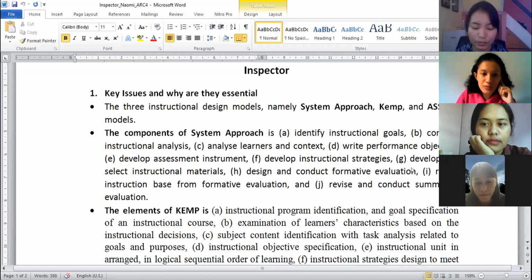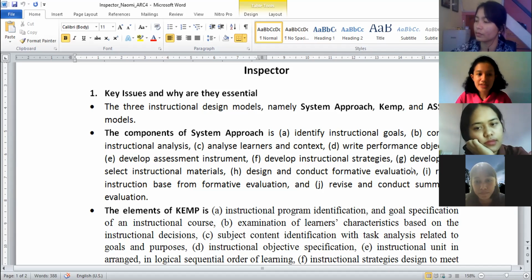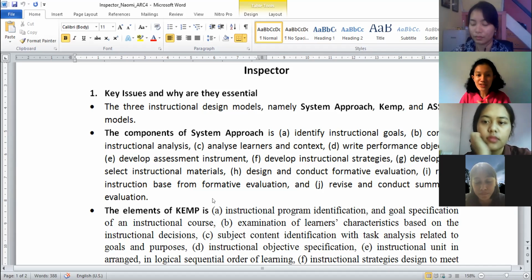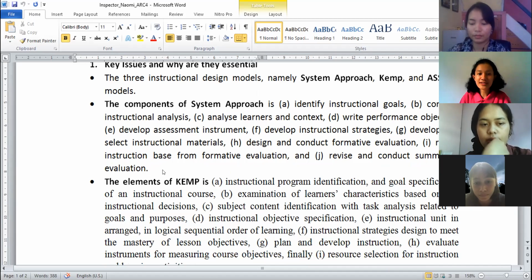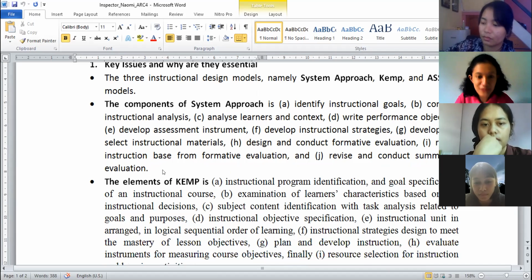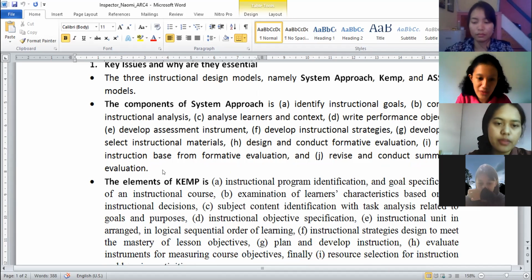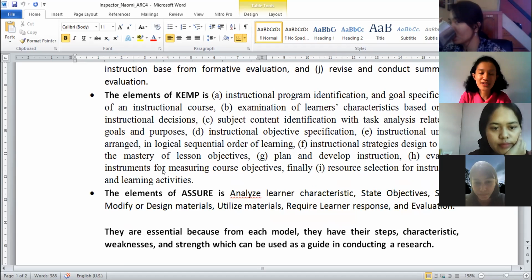The components of the system approach are: identify instructional goals, conduct instructional analysis, analyze learners and context, write performance objectives, develop assessment, develop instructional strategies, develop and select instructional materials, design and conduct formative evaluation, revise instruction based on formative evaluation, and last, revise and conduct summative evaluation. And then the second type of instructional design is CAM.